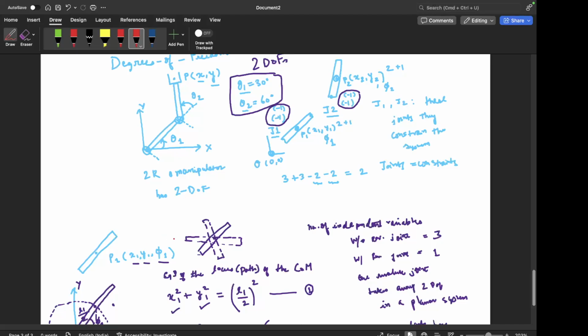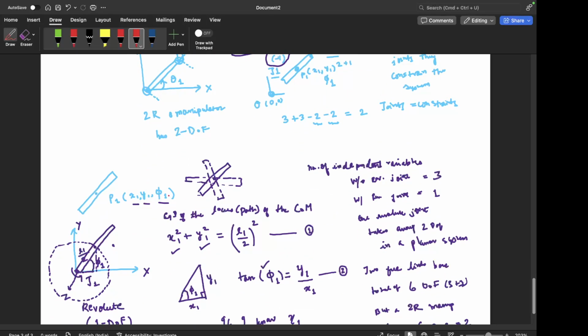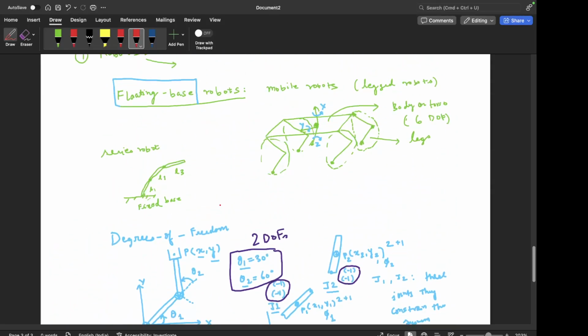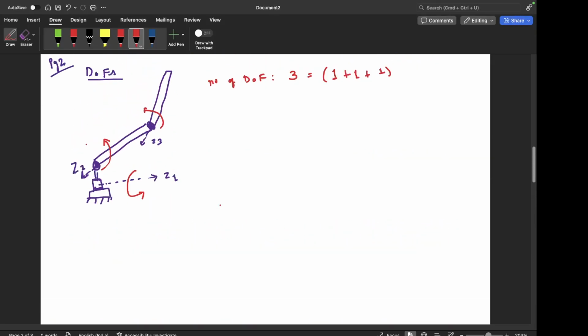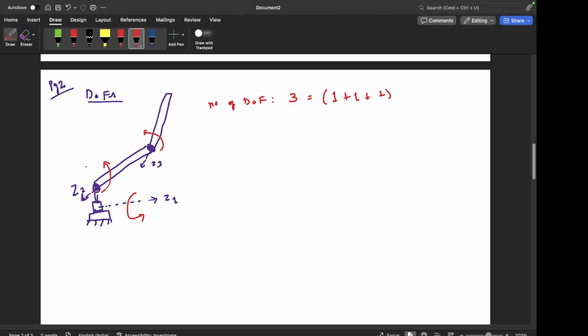In a non-planar case, more parameters are there, but a similar argument follows that we finally get a relation between those numbers, and finally the entire system's configuration can be described by one variable for each joint. So this is theta 1, this is theta 2, and this is theta 3.